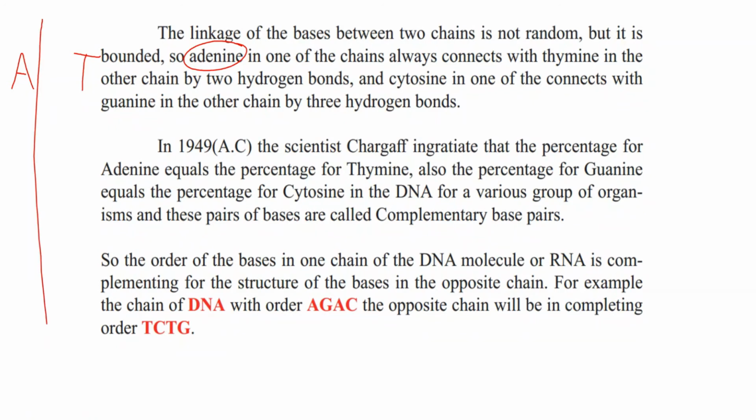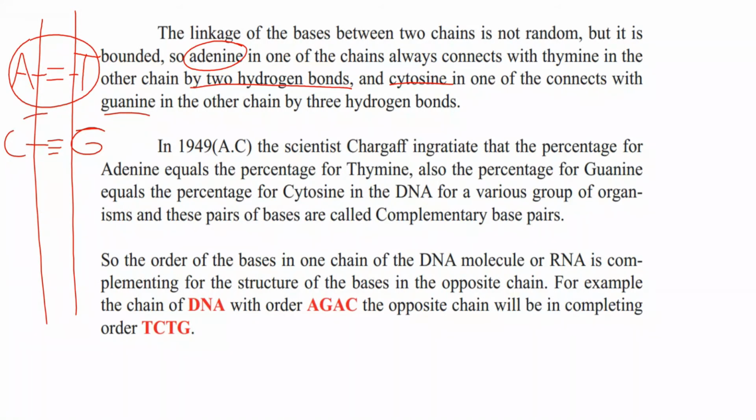So the bases are complementary: if there is adenine, it is always completed by thymine, by how many? 2 hydrogen bonds. Cytosine in one chain is always completed with guanine, and with how many? 3 hydrogen bonds. So always A completed with T, T completed with A, C with G, and G completed with C.